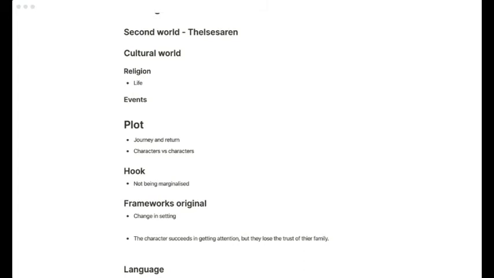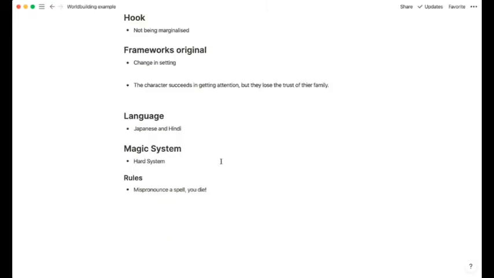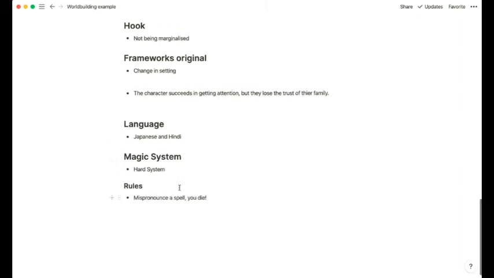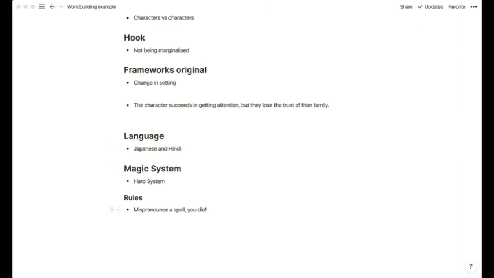So the rising action has to do with what happens in the first act. You've got to link everything together.